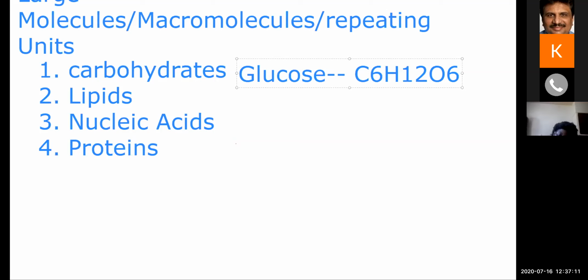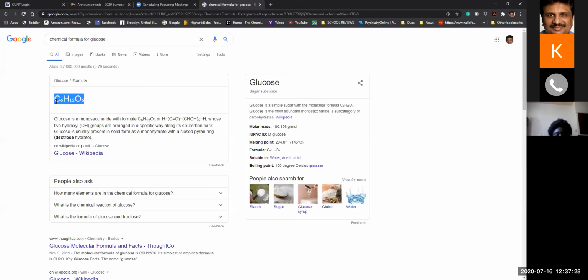What is the chemical formula for glucose? Right. In real, it is written as C6H12O6: six carbon atoms, 12 hydrogen atoms, and 6 oxygen atoms.